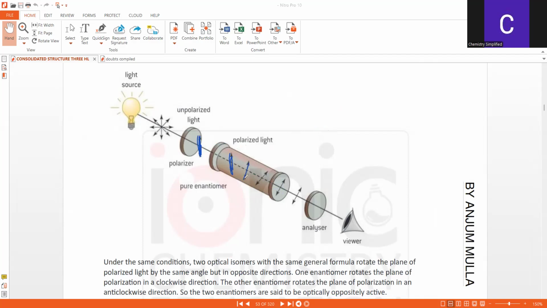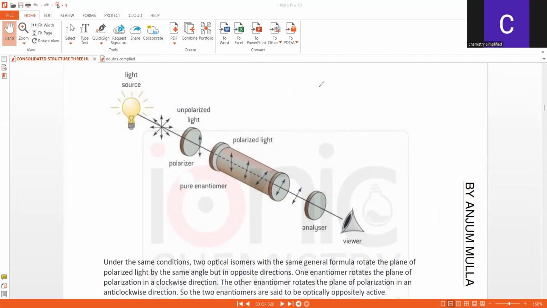From here to here, it has rotated. From here to here, it has rotated more. So when it entered, it was this plane. When it came out, it was this plane, which means there is a rotation of the plane of the polarized light. This is the feature of an enantiomer.